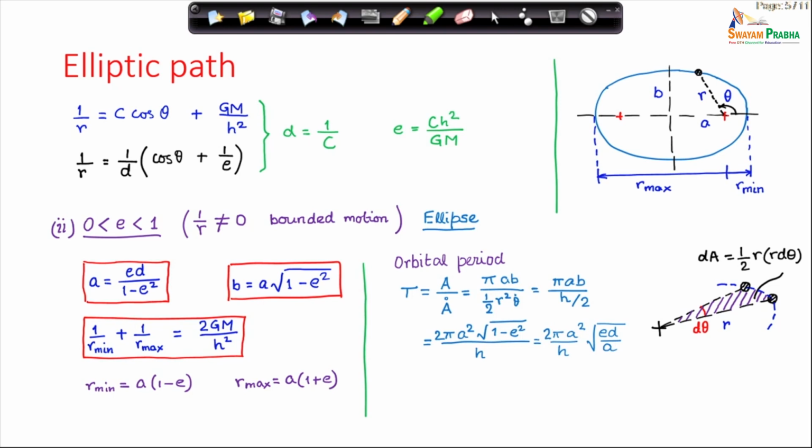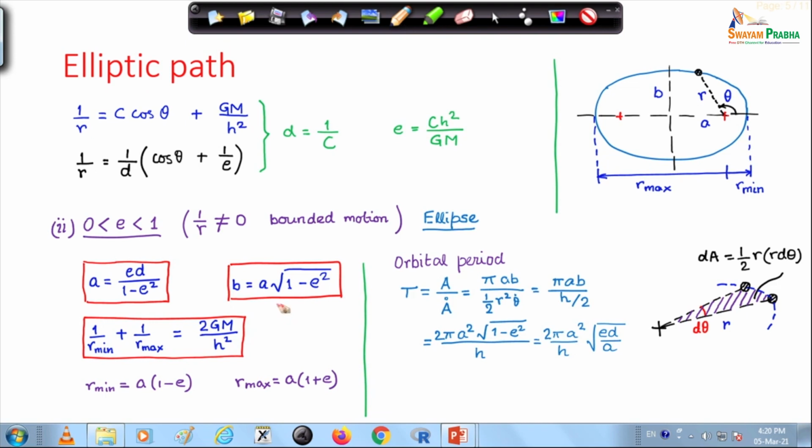If you use various relations, here I have used b equals a times under root 1 minus e square in the first step. Then 1 minus e square I can write as e d by a; from here it follows that 1 minus e square is e times d by a.